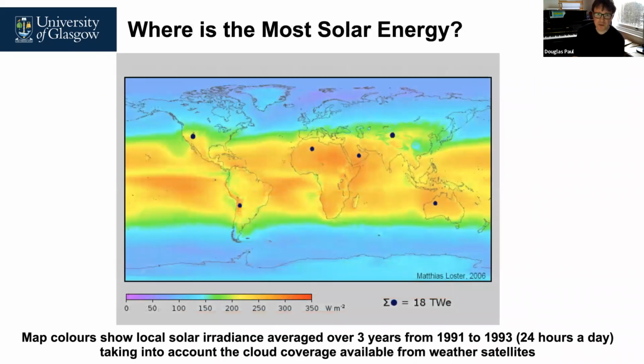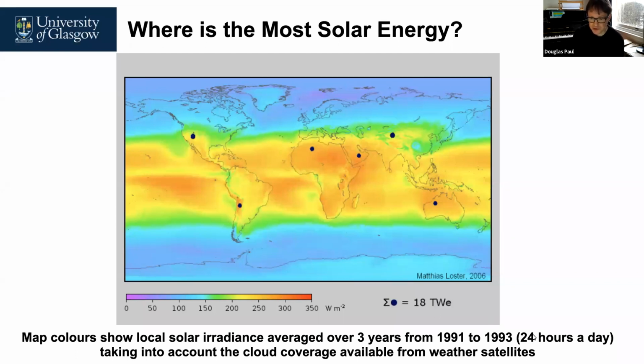This is an example. It was a European project that actually just looked at 8 particular very sunny parts of the world. And at these 8 different parts, there's actually sufficient solar energy to power the whole of the Earth's consumption of energy, at least between 1991 and 1993.